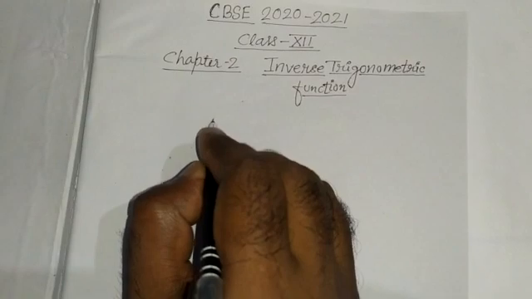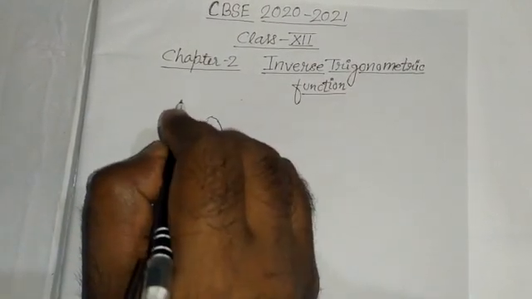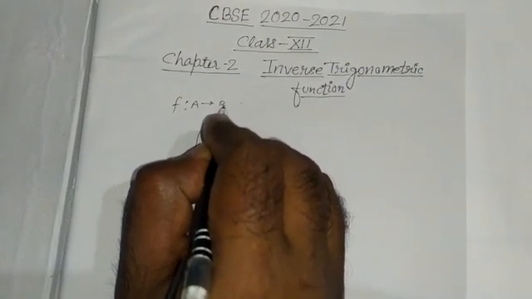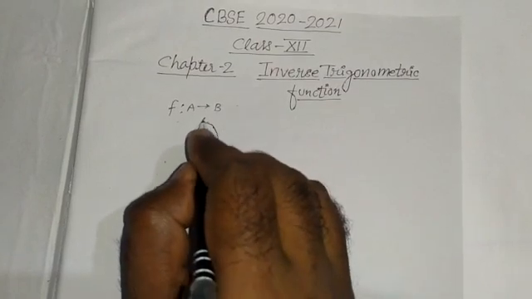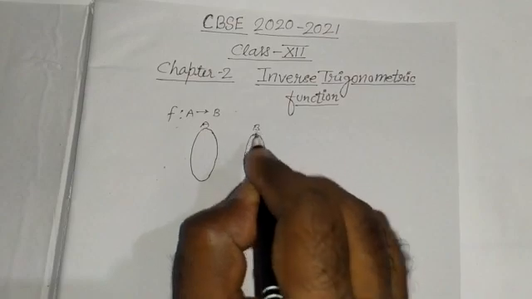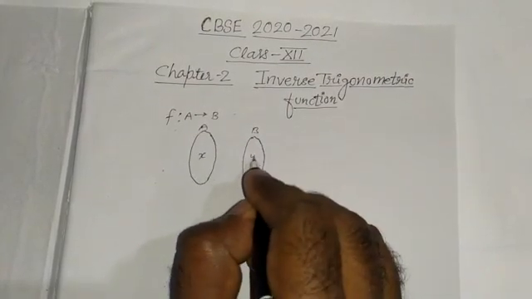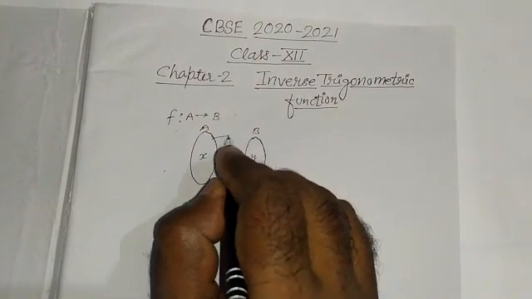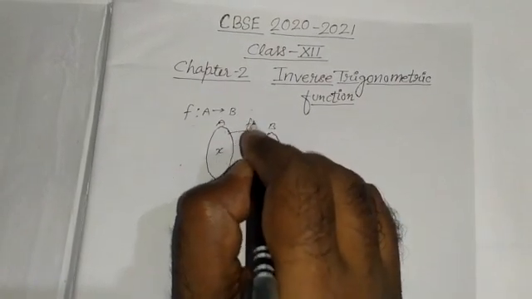Suppose here is given a function f which maps from A to B. f is a function which maps from A to B, where A is a non-empty set and B is also another non-empty set. An element x belongs to set A and another element y belongs to set B. There is a relation between set A and set B by the rule f.